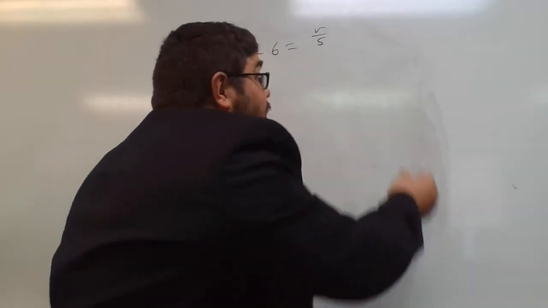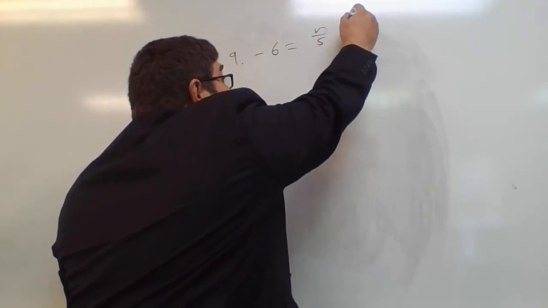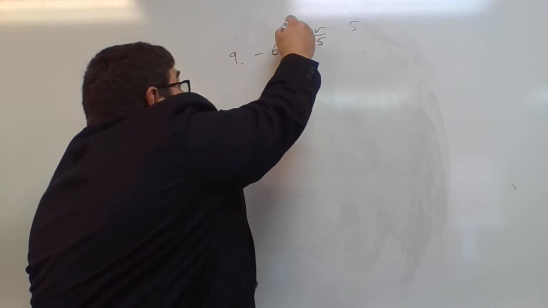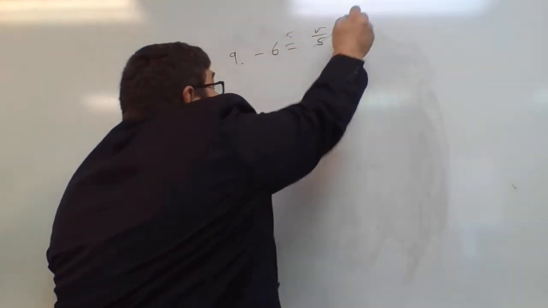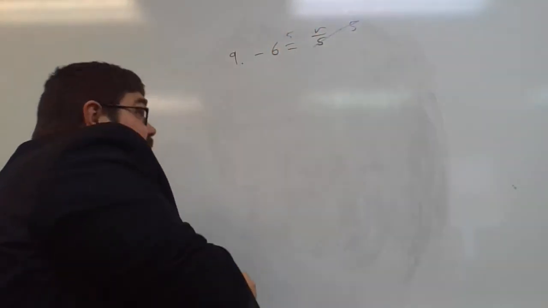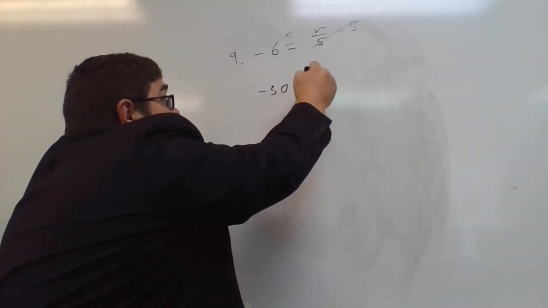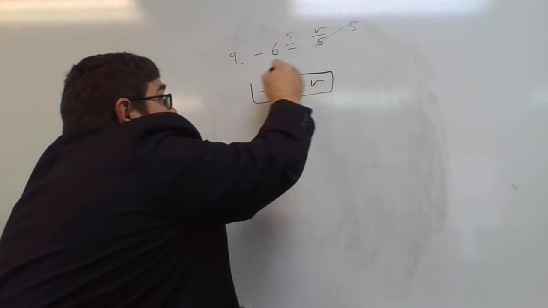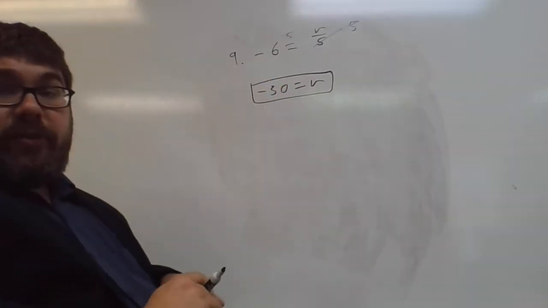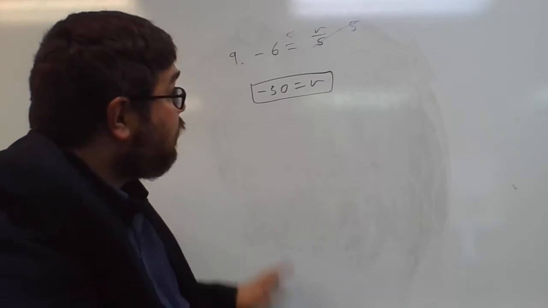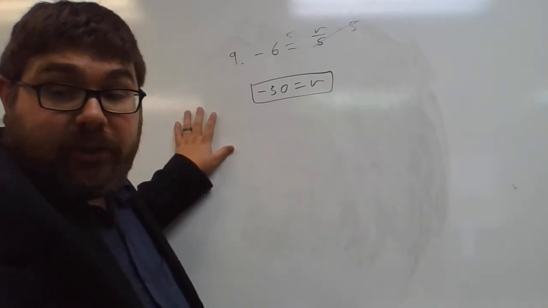It's multiplication. So I multiply each side by 5. And -6 times 5 is -30. And that's our answer, -30. That's it on number 9.